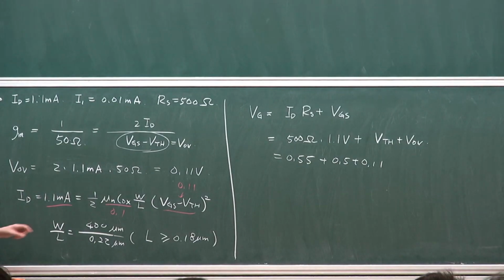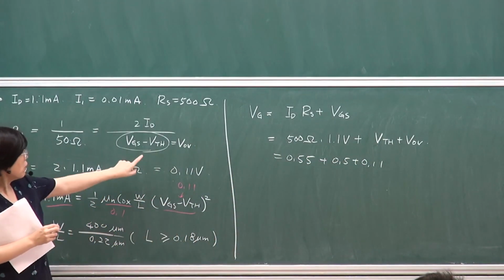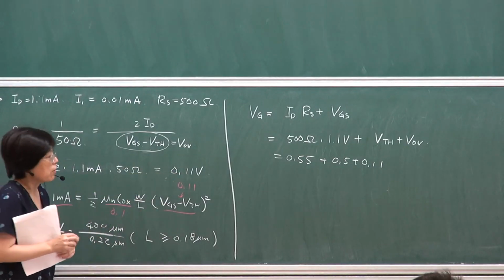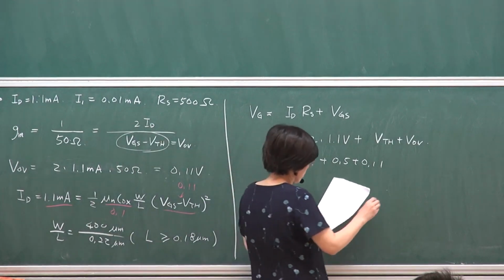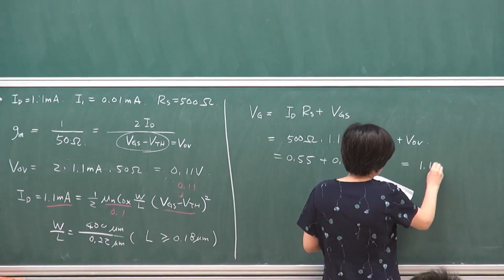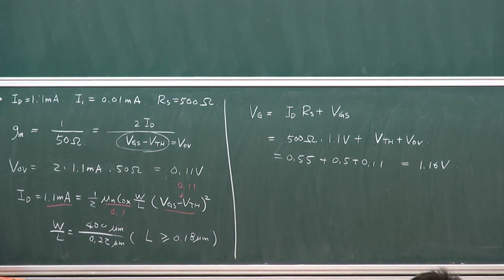This is my threshold voltage, and the overdrive comes right here. Gm determines your overdrive under a fixed current. So then you can get this 1.16 volt. Once you know that, I already know I need this voltage to be 1.16 volt, therefore I should be able to determine RG1 or RG2.